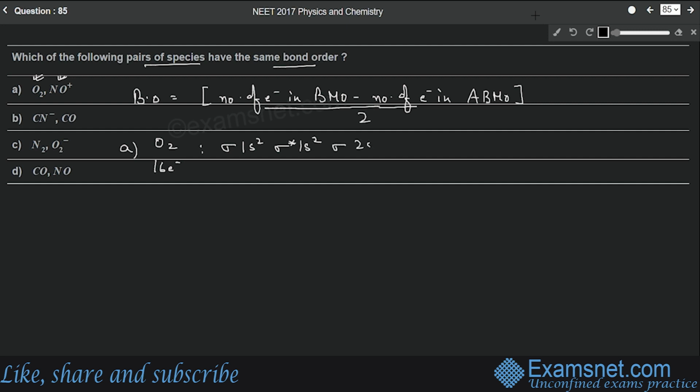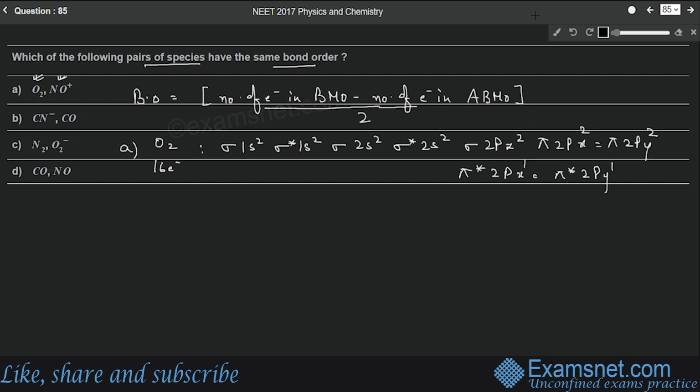Then sigma 2s is 2, then sigma star 2s is 2, then sigma 2pz2, then pi 2px equals pi 2py. That means these have the same energy level, so 2 electrons each. Then anti-bonding, that is pi star 2px equals pi star 2py. Now only 2 electrons are left, so 1 in each.